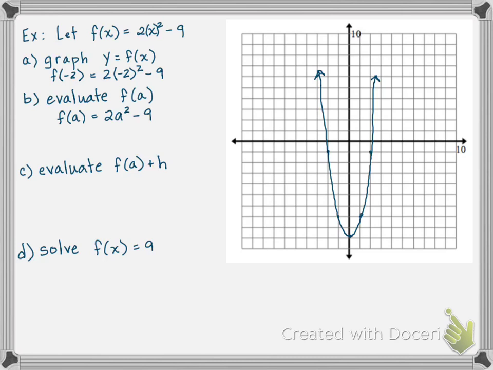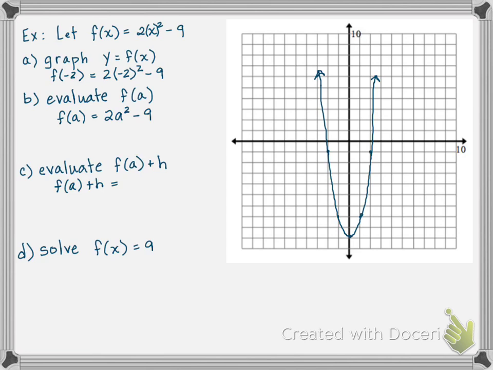And then for C, notice that that H is not inside the parentheses, right? So all that's saying is write down what f of A is and then add H to it. So you're adding H to the output that you get after you evaluate f of A. So f of A plus H, well, we already know what f of A is, right?